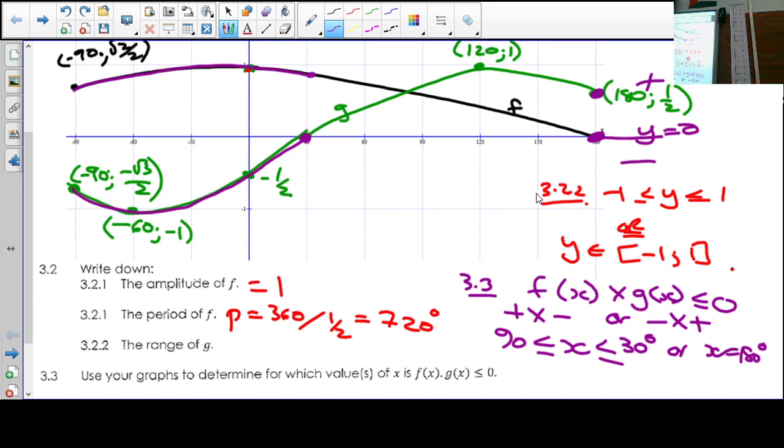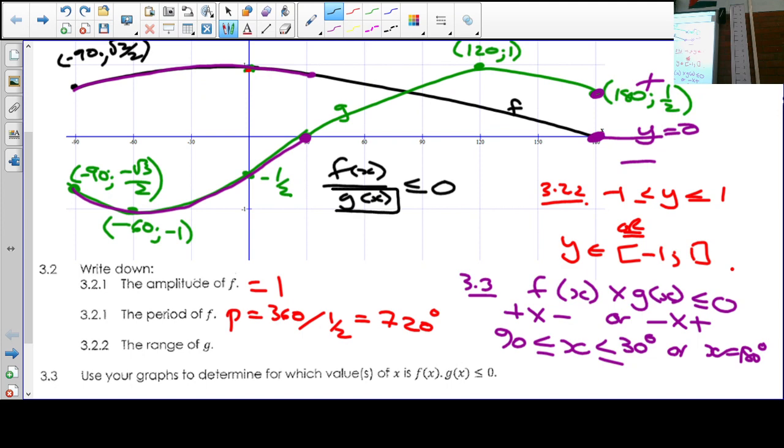Alright. So when do we leave an equal sign out if it is given as equal? When do we leave the equal sign out? We leave the equal sign out if the denominator is equal to 0. So say for argument's sake, you were given, let's use black, f of x divided by g of x less than or equal to 0.